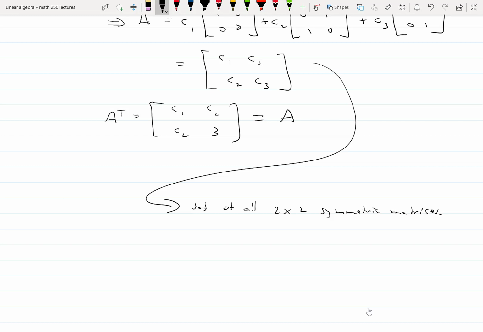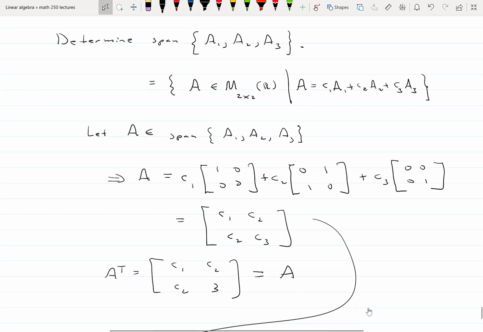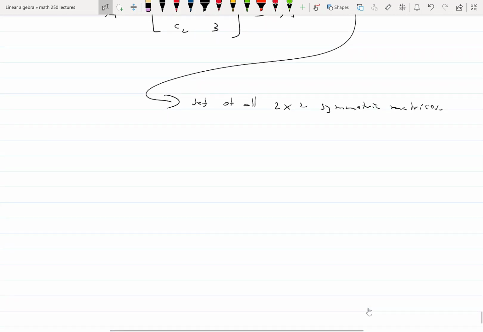How is that? Because we've shown that the set of all 2 by 2 symmetric matrices is the span of these three vectors from the set of all 2 by 2 matrices with real entries. But the span of any three vectors from a vector space forms a vector space themselves. They form a subspace.